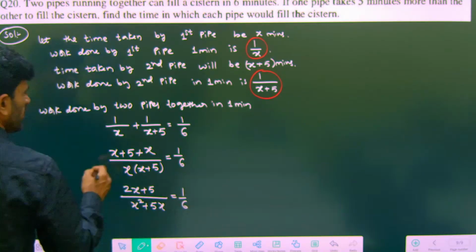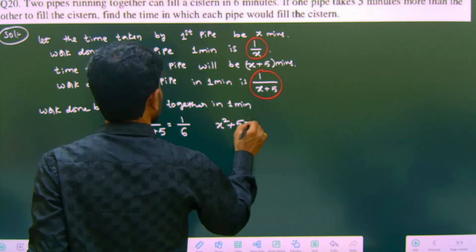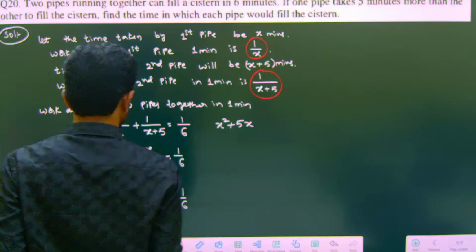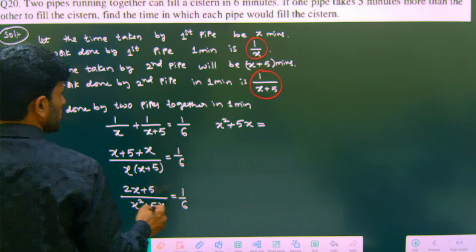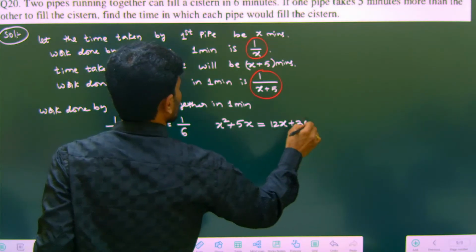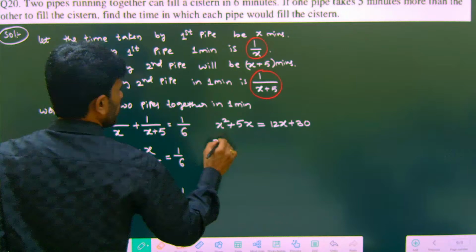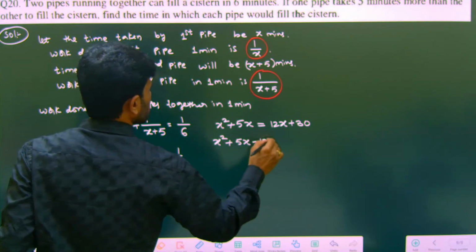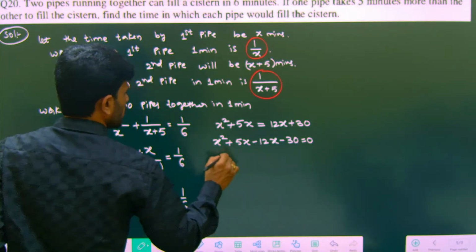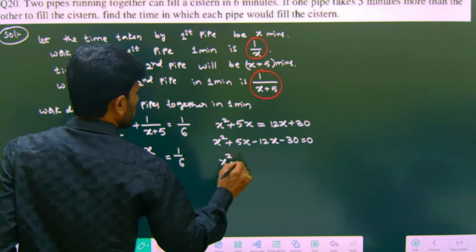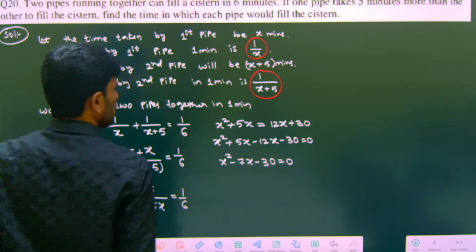Cross multiplying, x square plus 5x is equal to 6 times 2x plus 5. Cancel: x square plus 5x minus 12x minus 30 is equal to 0. So x square minus 7x minus 30 is equal to 0.